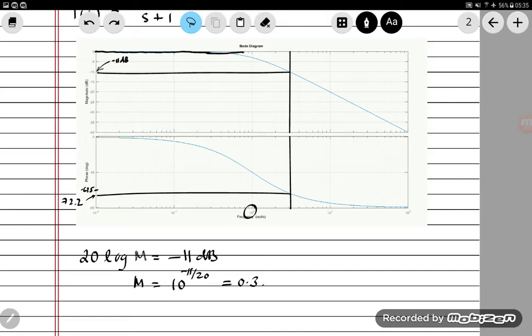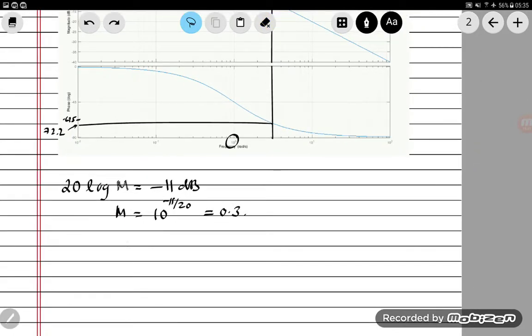So approximately for this range of frequency, less than 1 radian per second, the amplification is 1, which means our output is the same amplitude as our input.